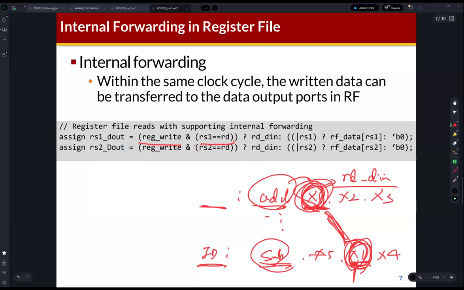You can find this additional part of the register file.